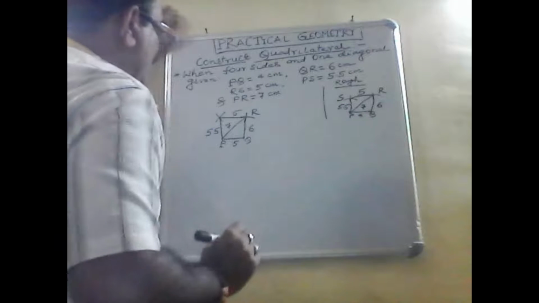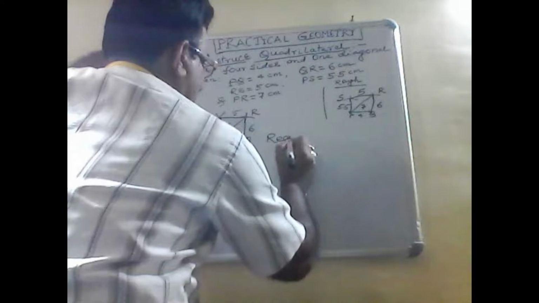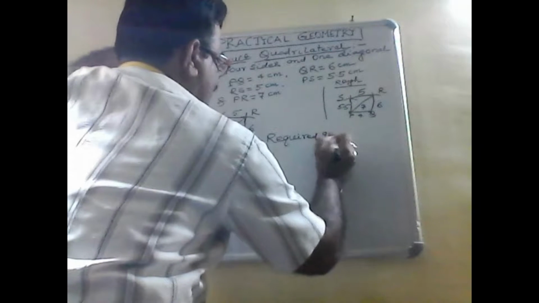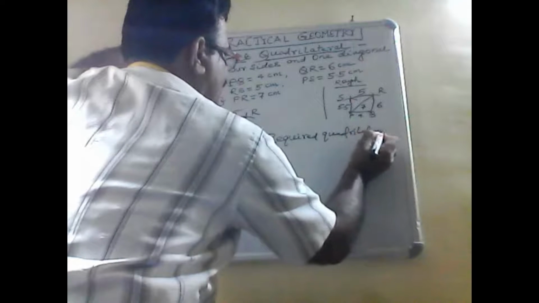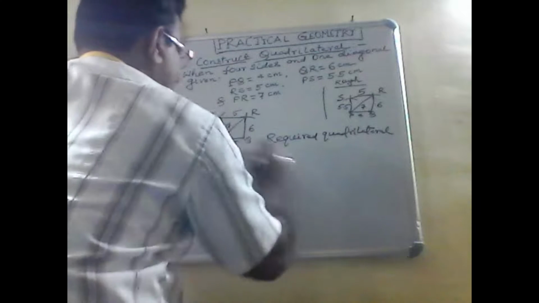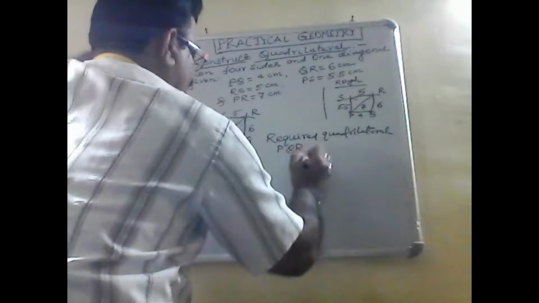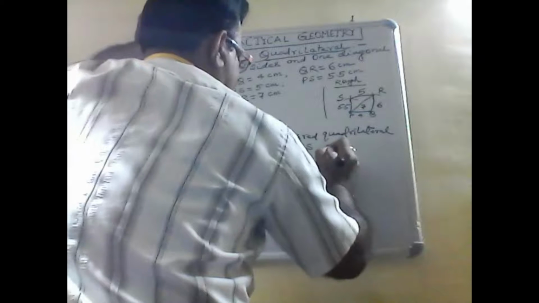So your required quadrilateral PQRS has been constructed.